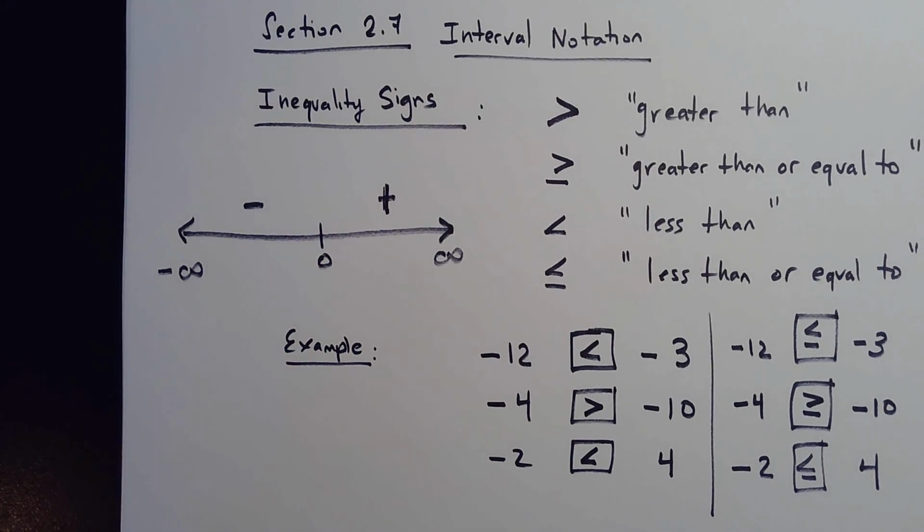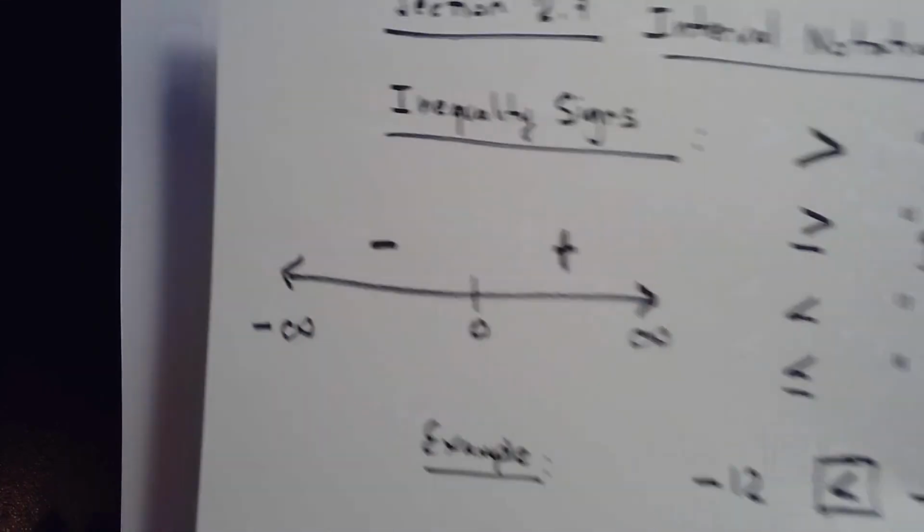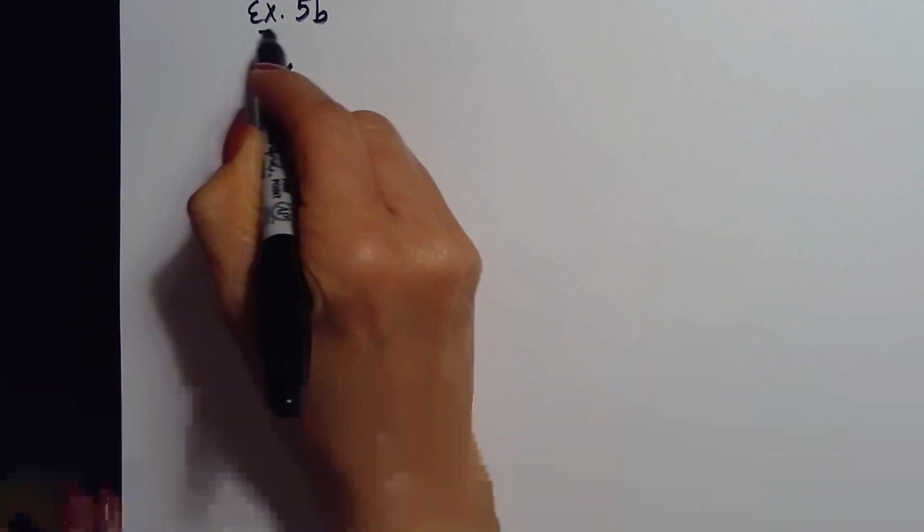So now we're going to work problems from the workbook. We're going to go to 2.7, and let's consider, suppose you're given this graph. This is example 5b in the workbook.